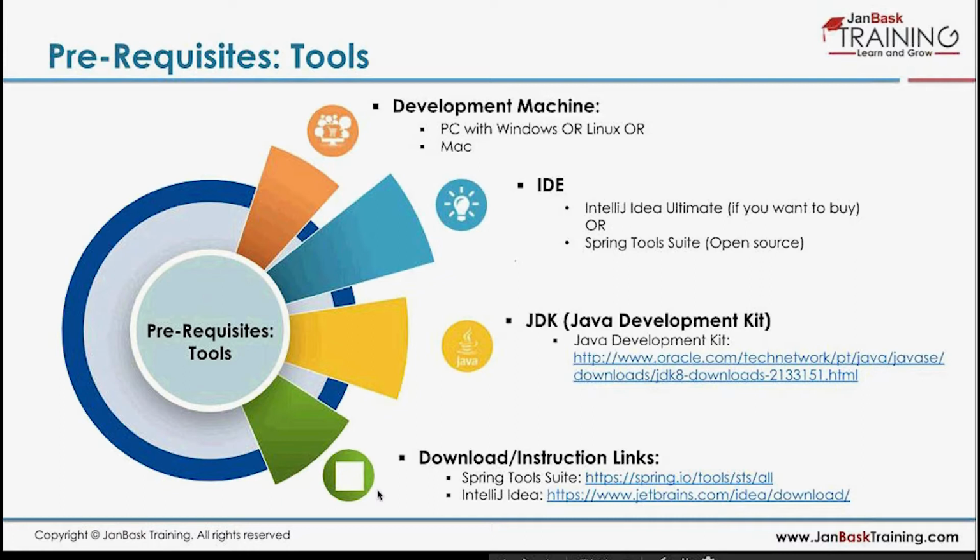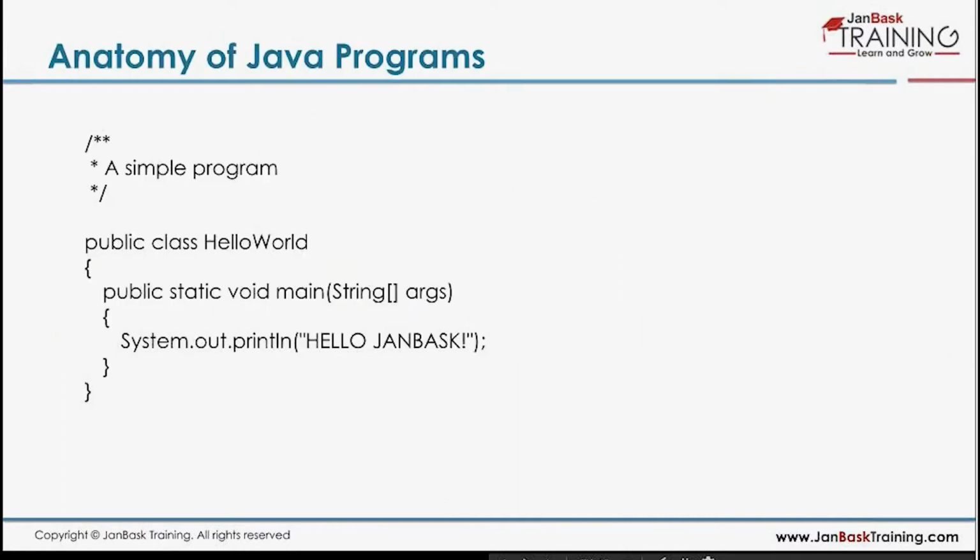Okay. So these are the prerequisite tools that you need. Now we'll analyze on a very high level what the anatomy of a Java program is. So how does a typical Java program look? If you see here, you have got a class which says public class HelloWorld.